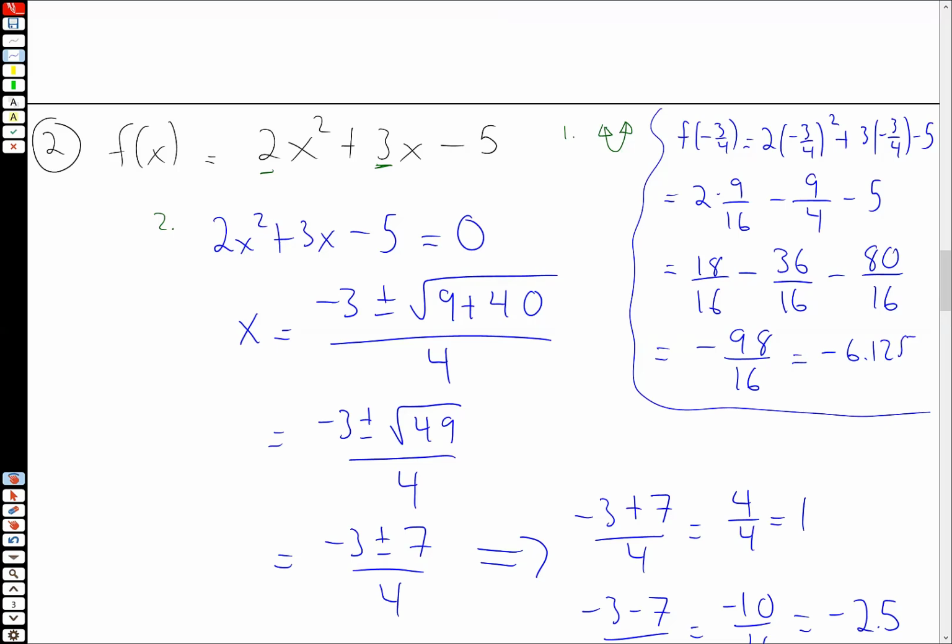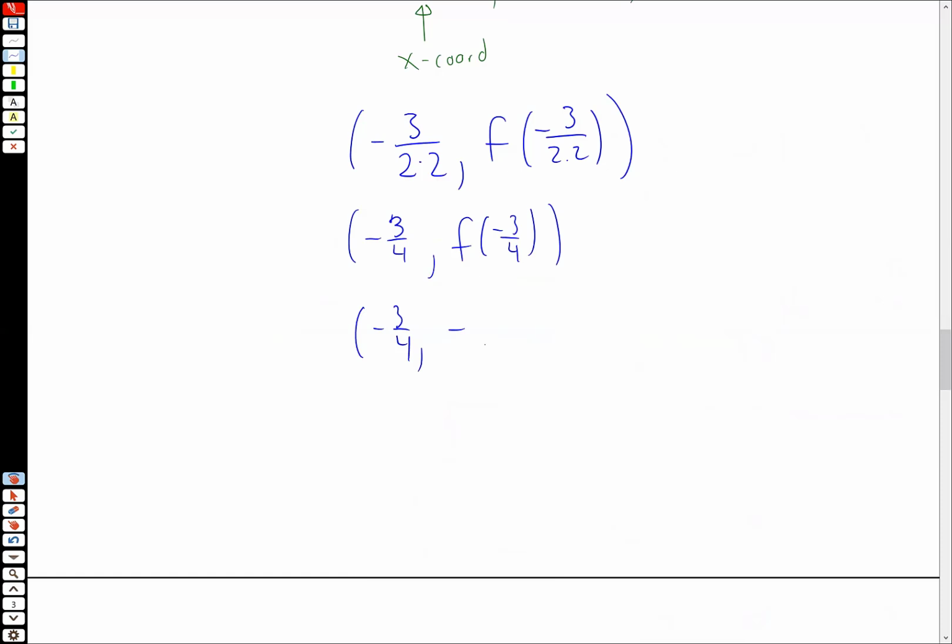Okay. So -3/4, -6.125. All right, so let's put all of this together.